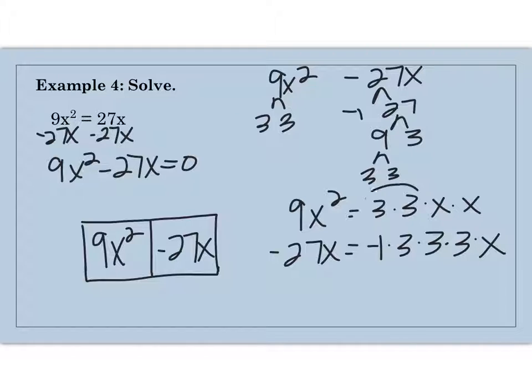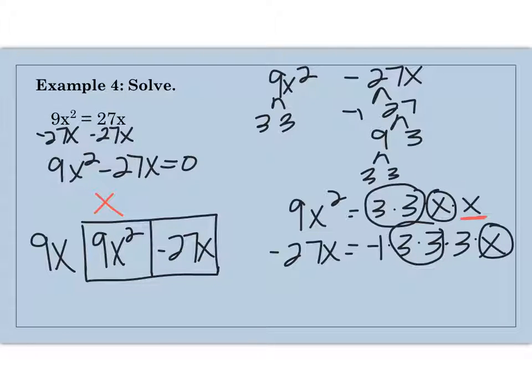So I see 2 3's in common and an x in common. So that's how I knew the GCF was going to be 9x. Let's look at leftovers. So the first term has an x left over. The second term has -1 times 3, so -3 left over.